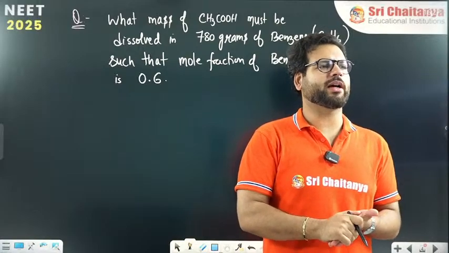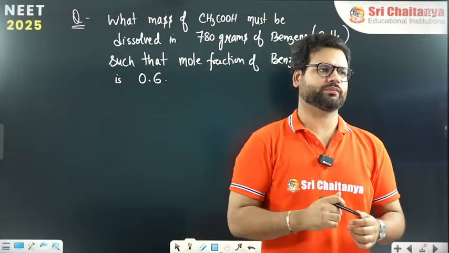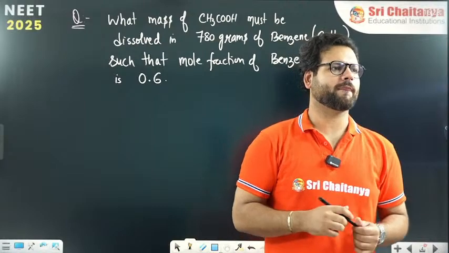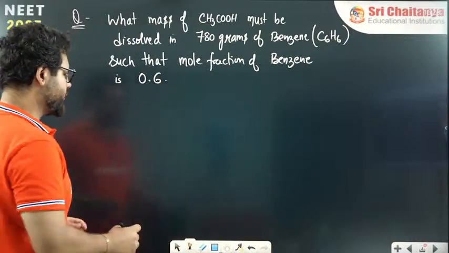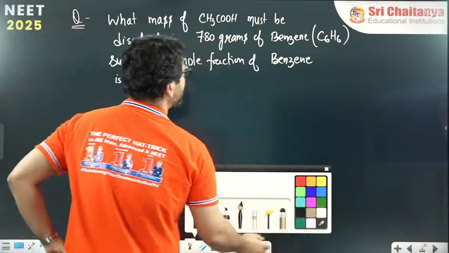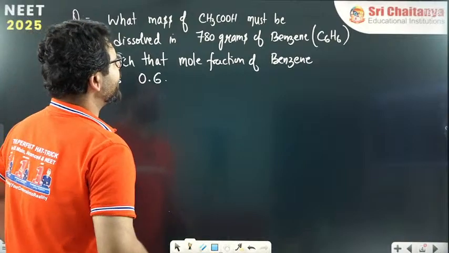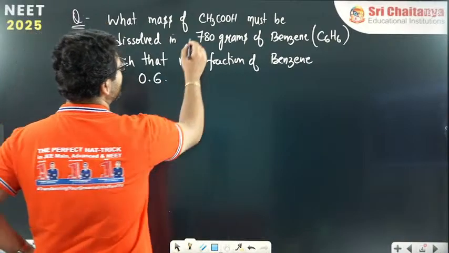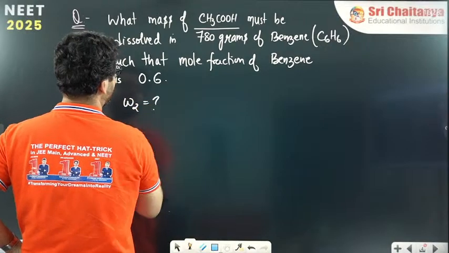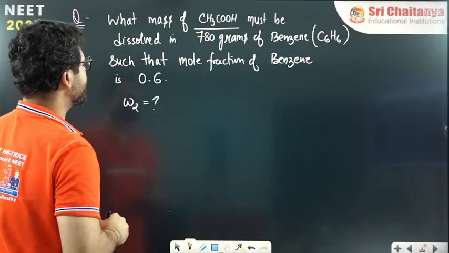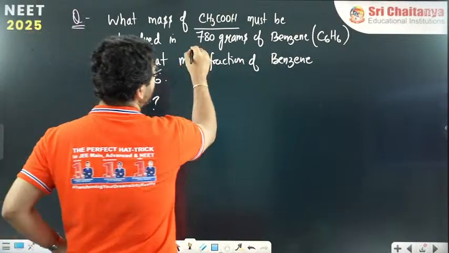So can you tell me the answer for this one? I'll solve it for you. You can just see here. What mass of acetic acid? W2 they are asking, the weight of acetic acid, dissolved in 780 grams of benzene.